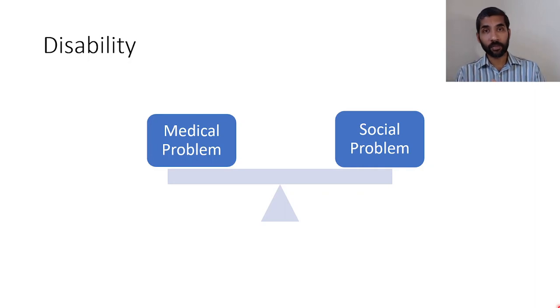That's really taking away a little bit of the problems that are faced by visually impaired people. Does that make sense? So, to summarize the discussion, disability is not just a medical problem, it's a medical problem situated in a social context, right? Okay, good.